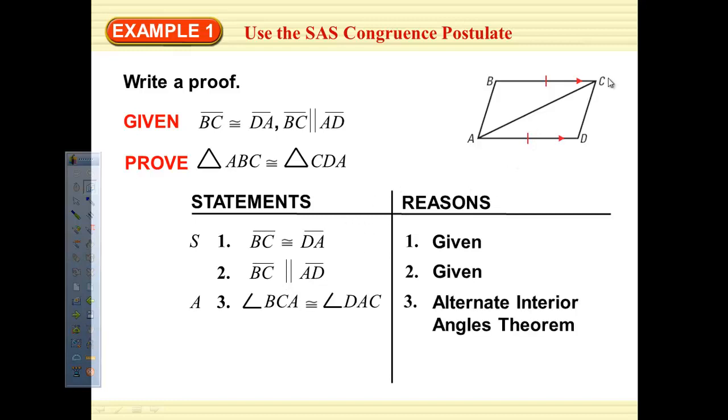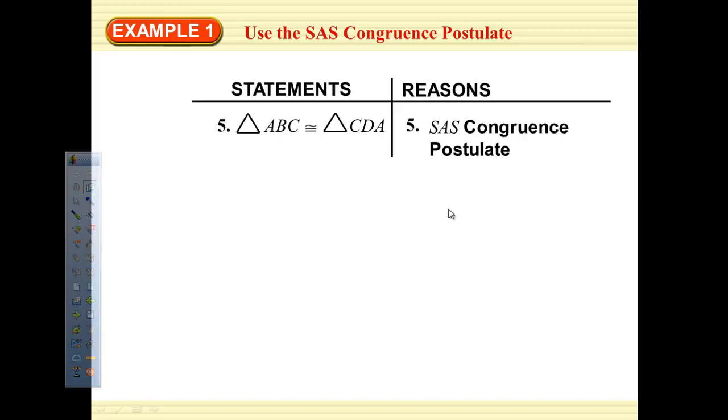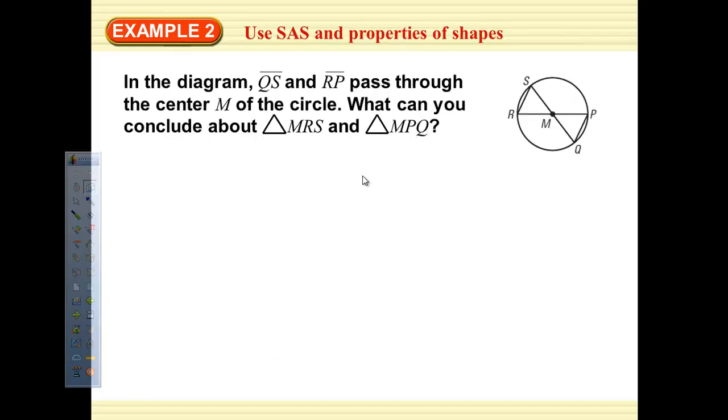Then we're able to say that BCA is congruent to DAC by alternate interior angles theorem. And finally, we've got AC is congruent to CA, which is our other side. Now that we have side angle side, we're able to state that the two triangles are congruent by the side angle side congruence postulate.